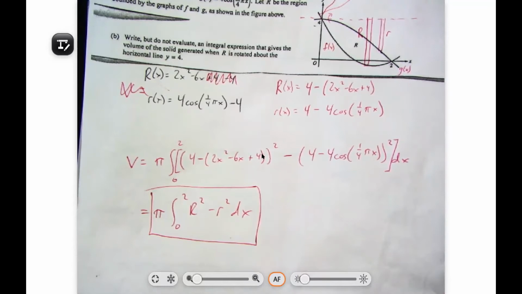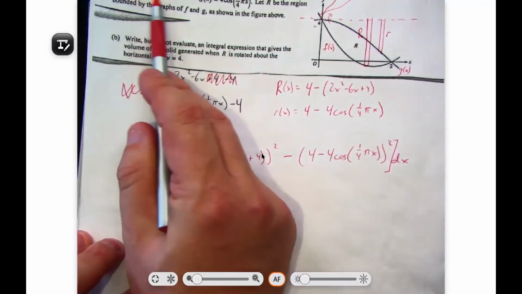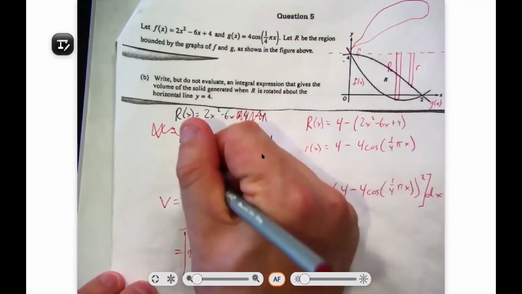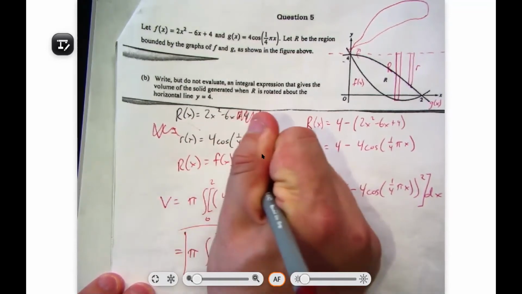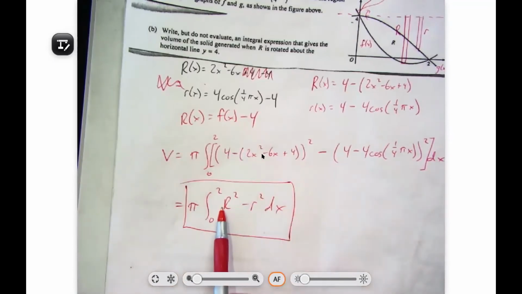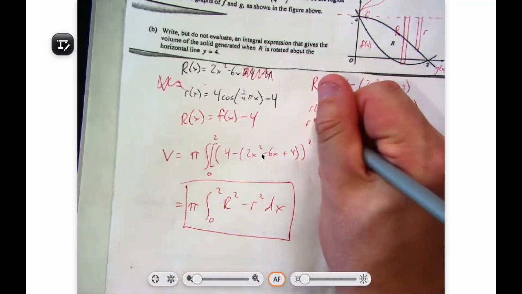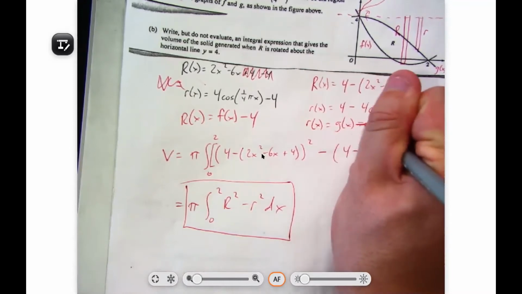That would be nicer. Emma said instead of writing 2x squared, yeah, I would do that. Now that I'm thinking about it, just label it as f of x minus 4, and that still works. And then the other one, you can do it as g of x minus 4. I like that even better.